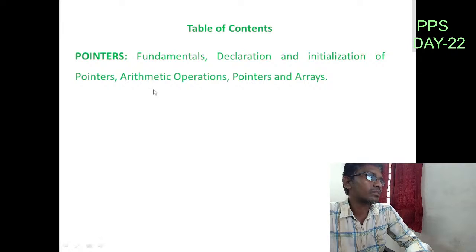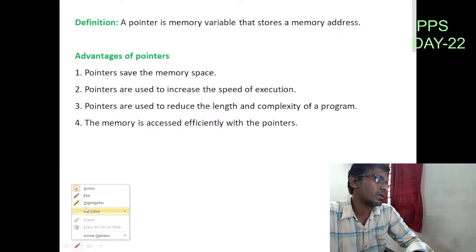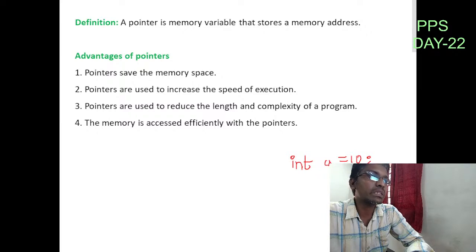Now let us see the definition of a pointer. A pointer is a memory variable that stores the address of another variable. Generally, whenever you assign a value to a variable, for example int a = 10, the value of a is 10. Whenever I assign a value to the variable a, the value will be stored into a memory location.